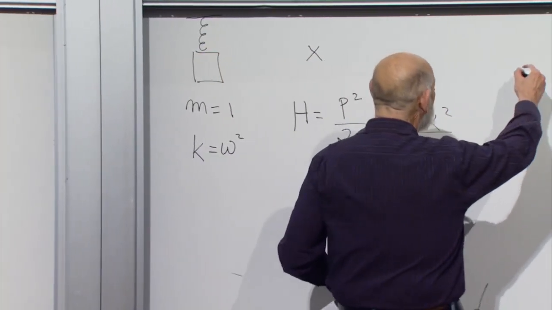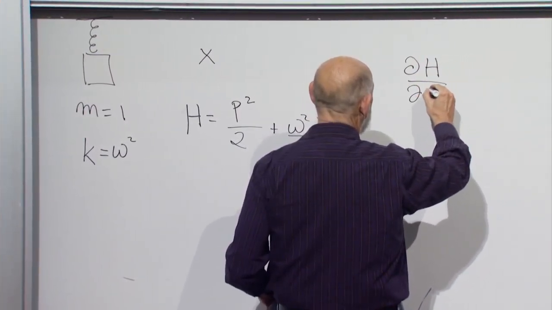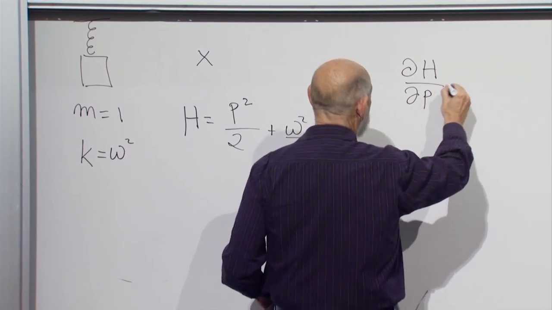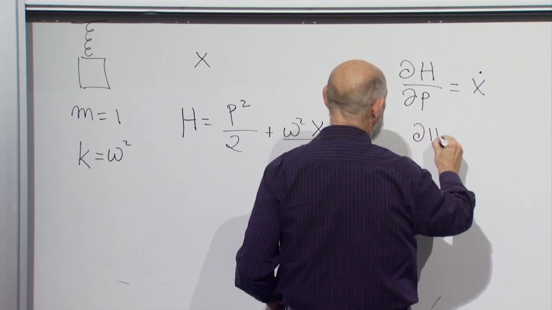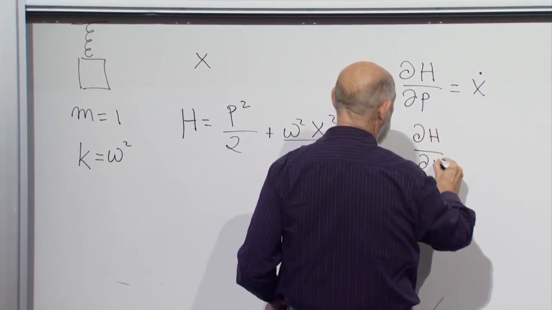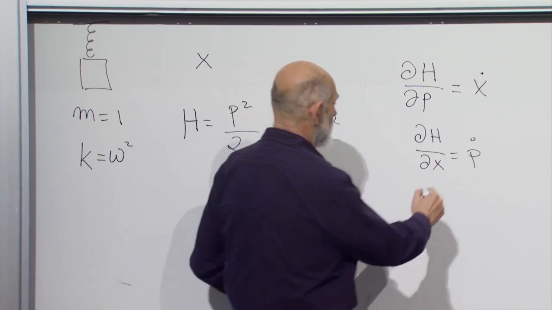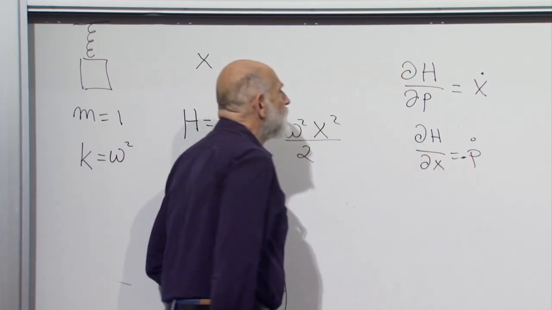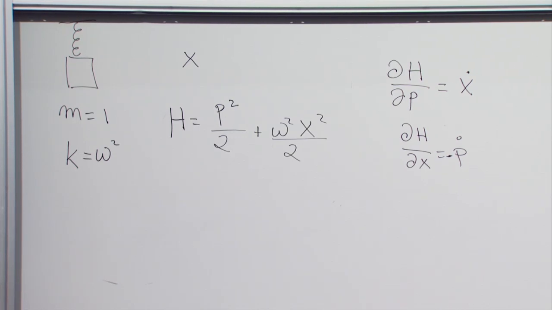Hamilton's equations of motion are dH by dp equals x dot, and dH by dx equals minus p dot. How many people remember minus p dot? Thank you. Everybody remember that? Of course you do.